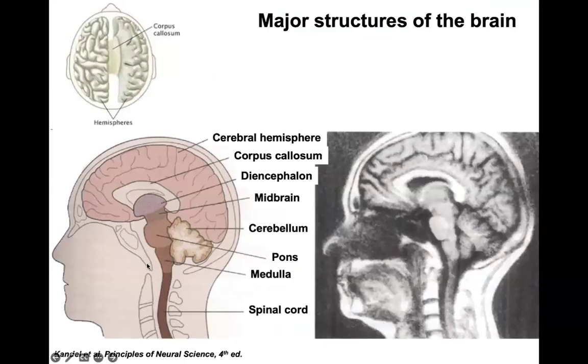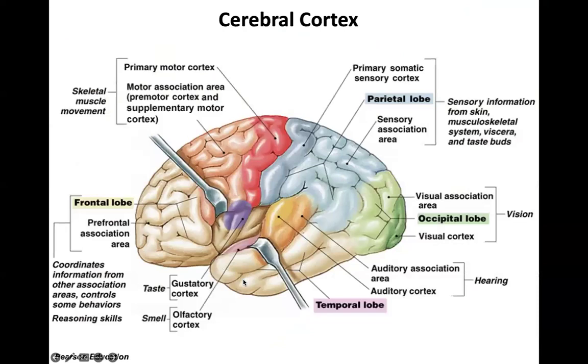Structure of the brain, we mentioned a little bit already, and then we talked about the major lobes in our brain. When we go through each of the systems, we will zoom in and you will learn more about each of these areas of the brain.